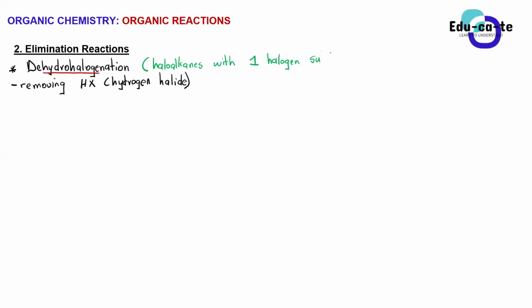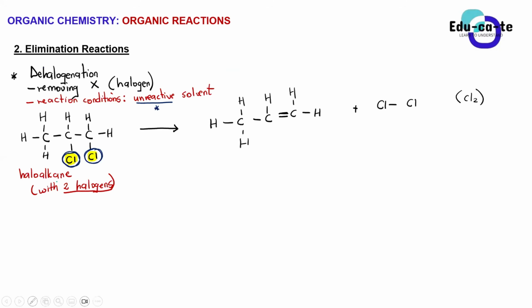So this is a different case, guys, compared to what we had before. When we were doing the dehalogenation reaction, we had a haloalkane with two halogens. For this specific example, we had two Cls. Dehalogenation can only happen to a haloalkane that has two halogens.